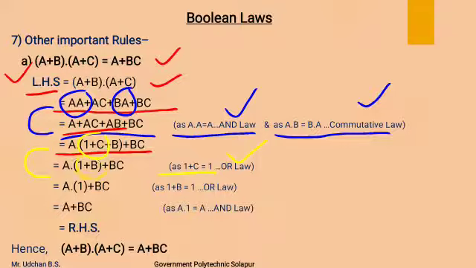Again this 1 plus B will give you 1 as per OR law, so this equation can be rewritten as A into 1 plus BC. Again A into 1 will give you A as per AND law, so the equation will be A plus BC, which is nothing but the right hand side of our equation. So A plus B into A plus C can be written as A plus BC.